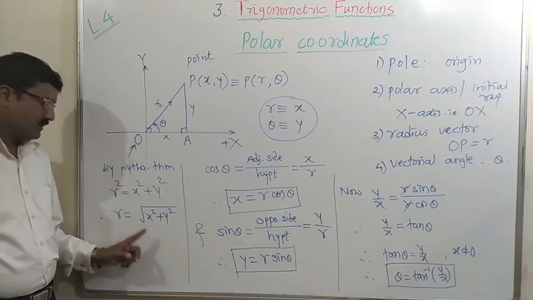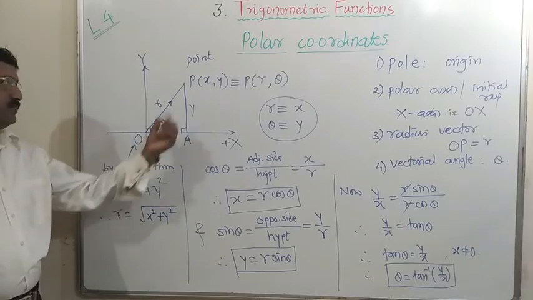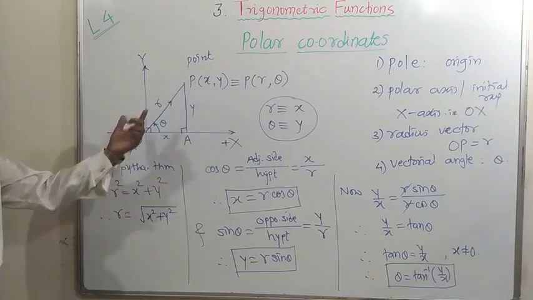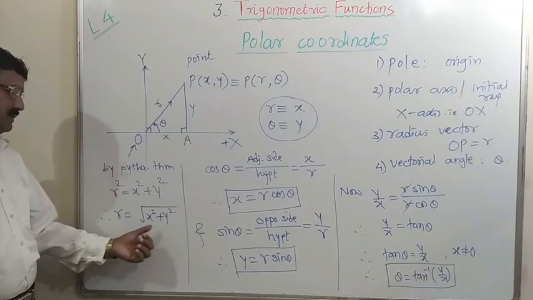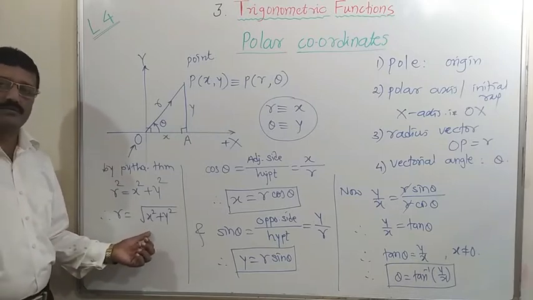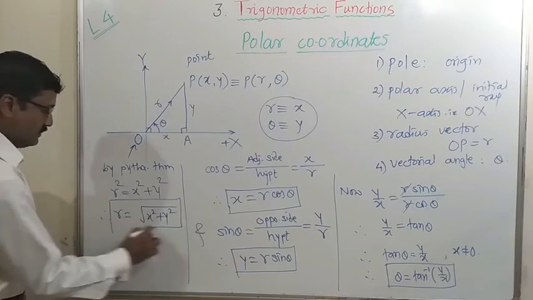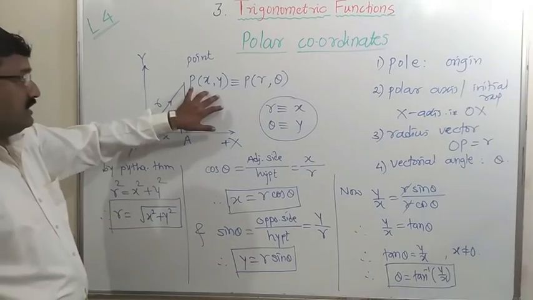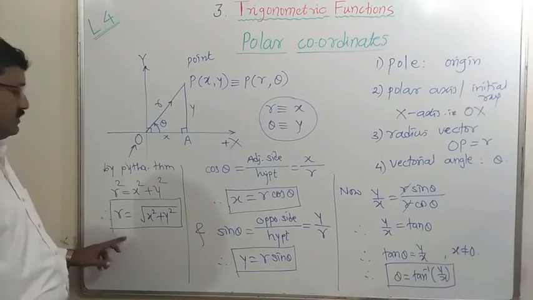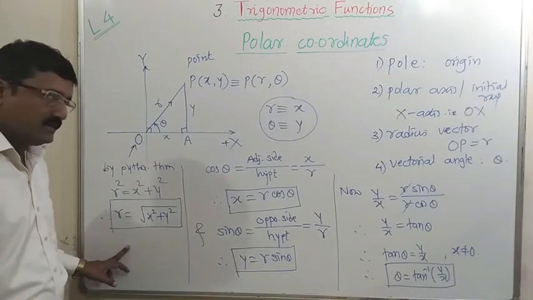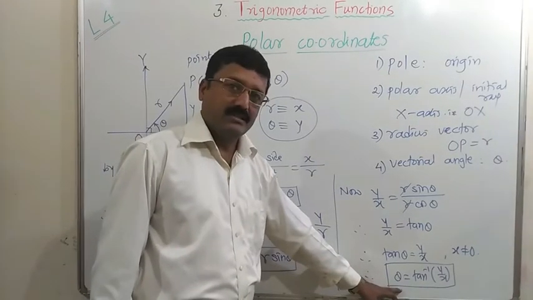Is it okay? Because r is the distance of the pole from the point, and distance is always positive, so r is always the positive root of x square plus y square. So this is the fourth relation. Means whenever x and y are given, how to find r and theta? Using this formula you will find r, and using this formula you will find theta.